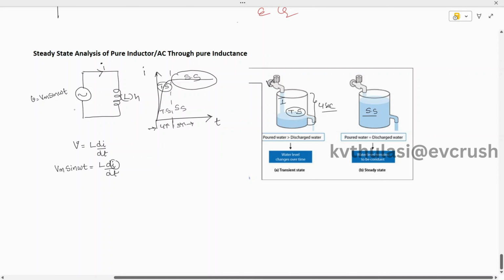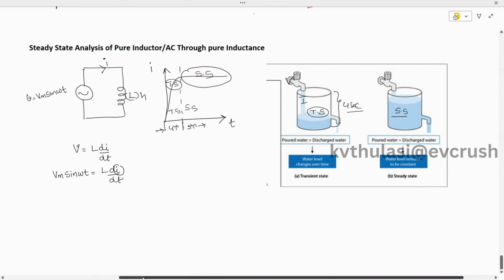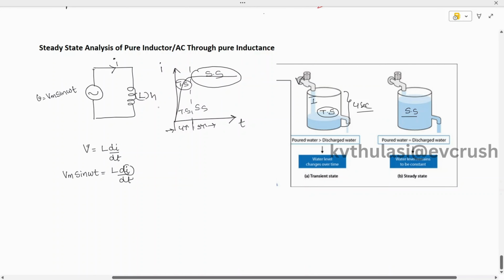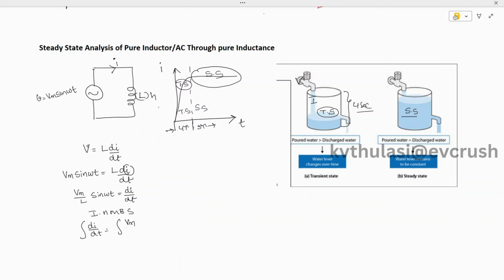I require the value of current, and how to find it is very simple. Now this current is in the form of a differential. Let's bring this L to the denominator. Therefore, we get Vm divided by L into sine omega t equal to di by dt. I want the value of current, therefore apply integration on both sides. The integral of di by dt is equal to the integral of Vm divided by L into sine omega t.